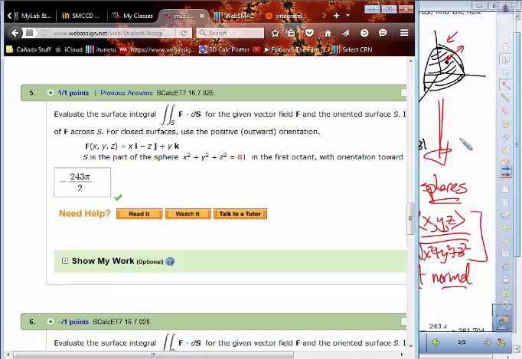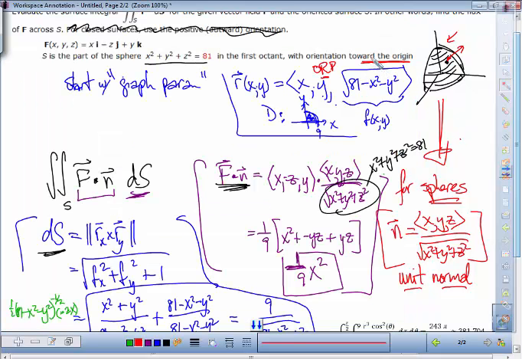So thank you for reading that, and that's why you should read these problems carefully, because when we're doing flux and line integrals, the orientation is important. Whichever way your normal vector or tangent vectors are pointing is important.